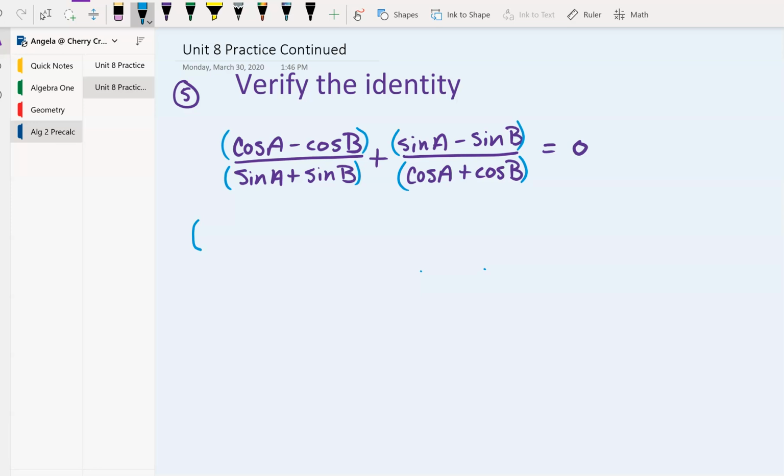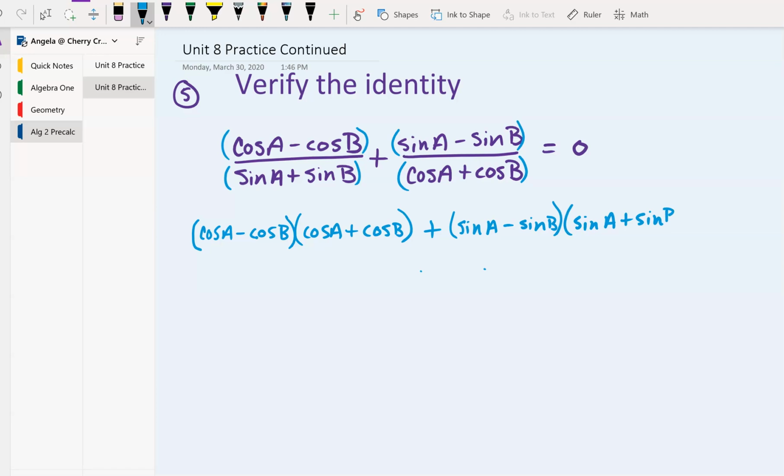The first fraction needs a cosine A plus cosine B multiplied top and bottom, so we're going to have in the numerator cosine A minus cosine B times cosine A plus cosine B. And then we're going to be adding that to this fraction, which needed sine A plus sine B in the numerator and denominator to get something in common. So we're going to have sine A minus sine B times sine A plus sine B.